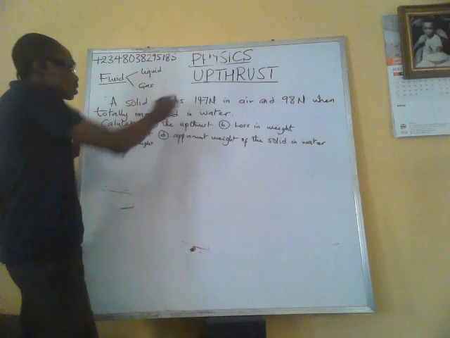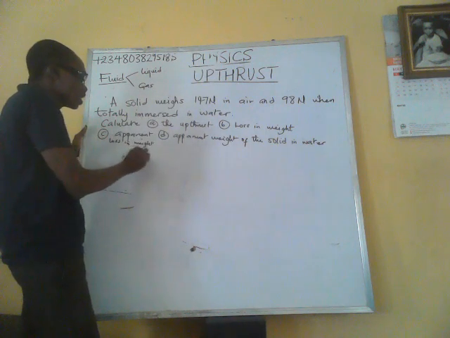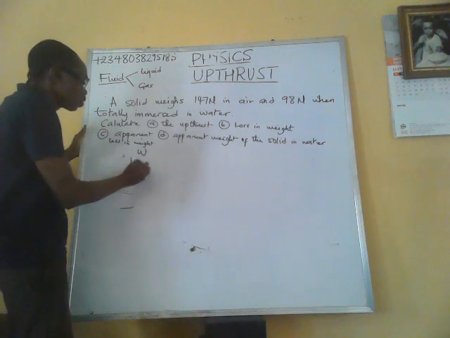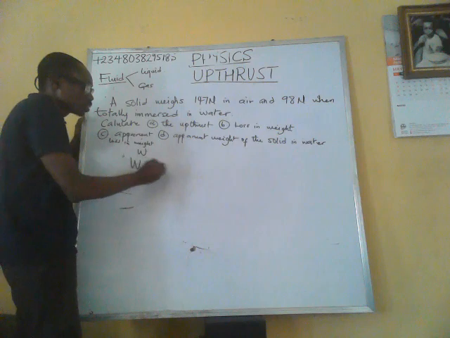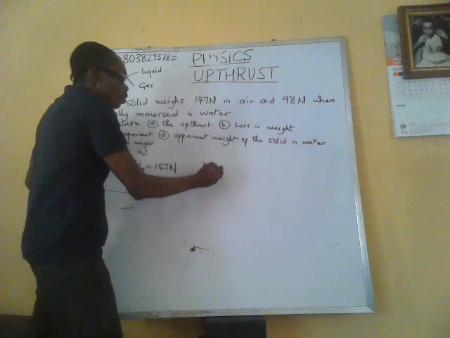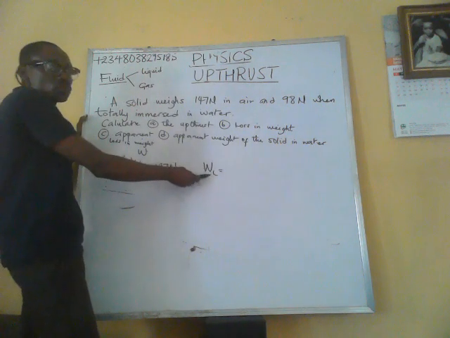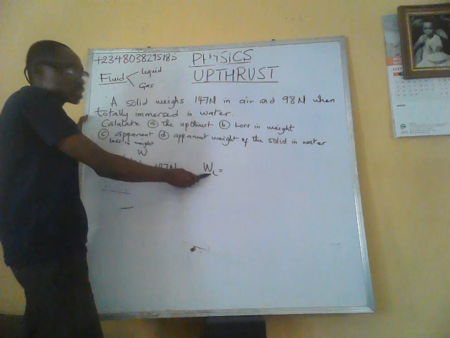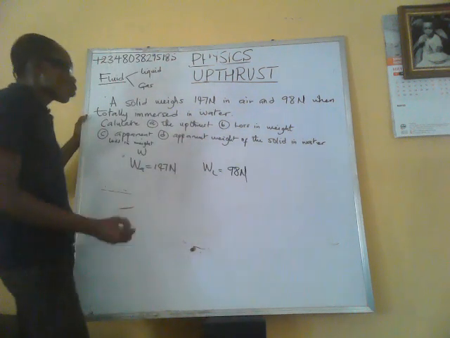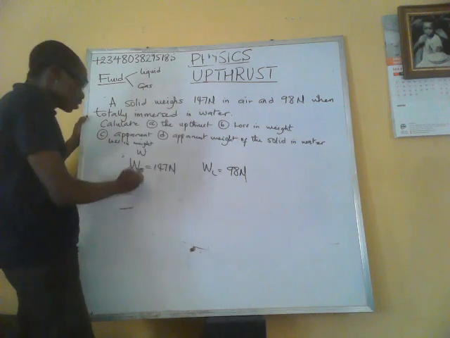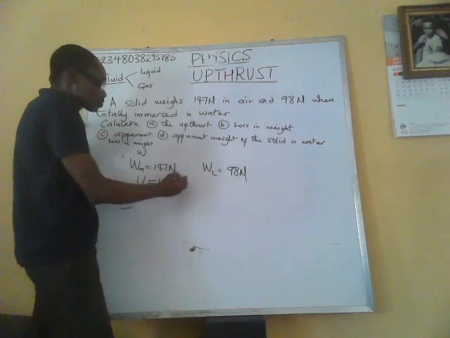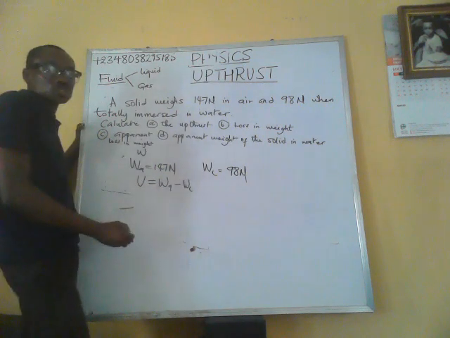Now, WA is the weight of the solid in air, which is 147 Newton. Then we have WL, which is the weight of the solid in liquid, which in this case the liquid is water. That is 98 Newton. So the upthrust U is equal to the weight in air minus the weight in the liquid, which is water in this instance.